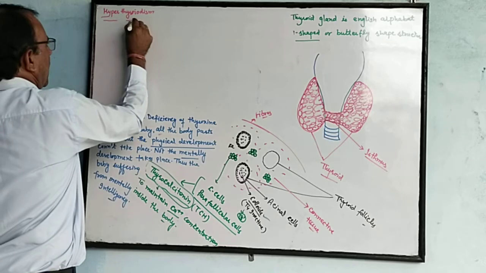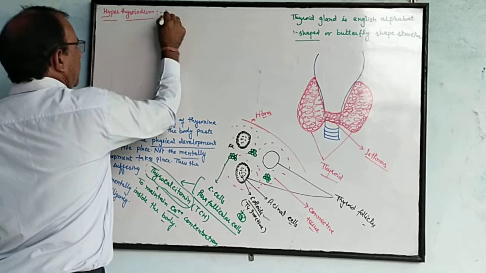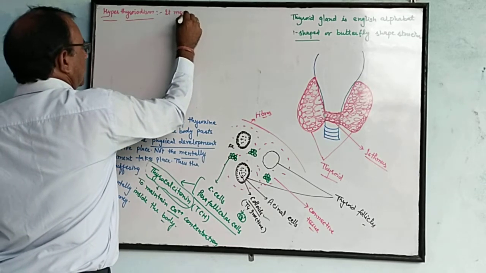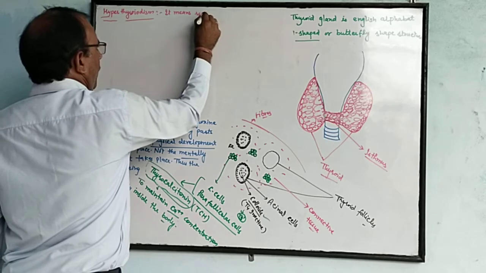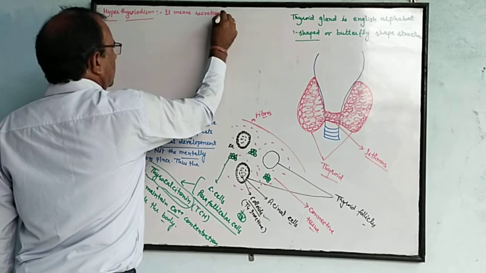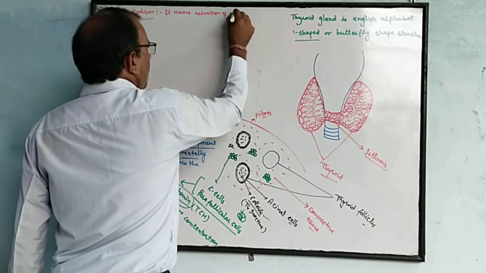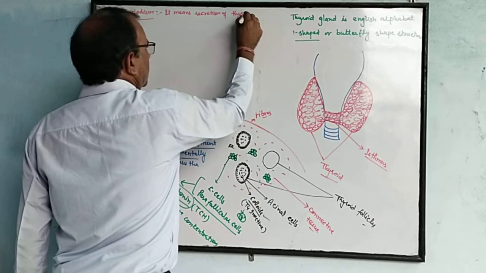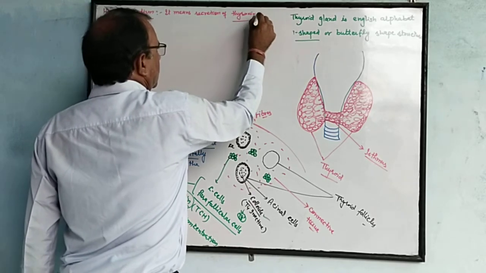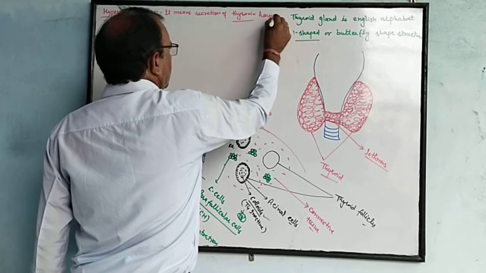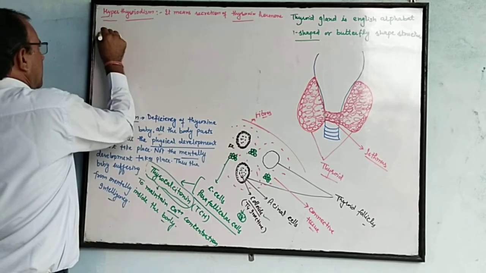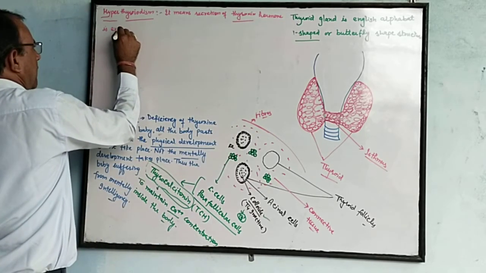What is hyperthyroidism? It means the secretion of thyroxine hormone is excess in quantity.